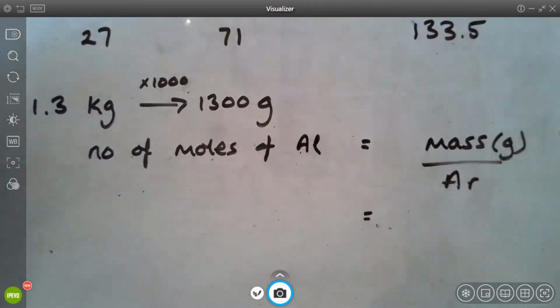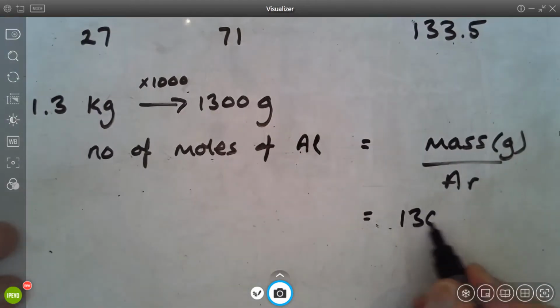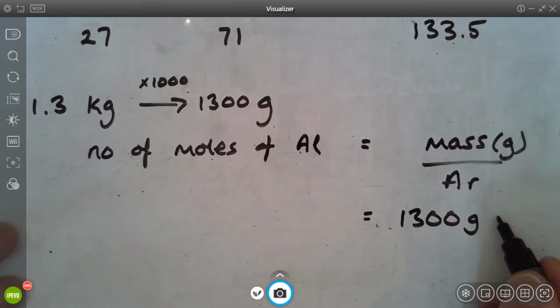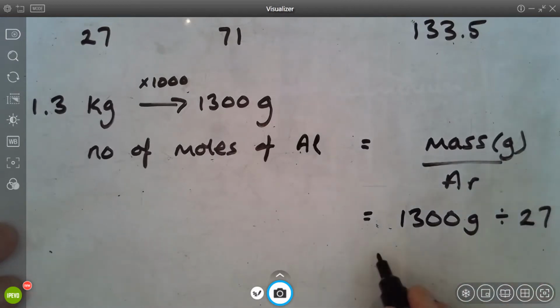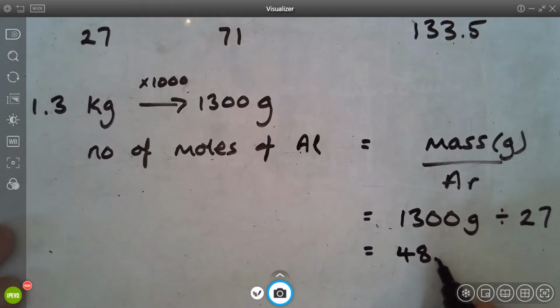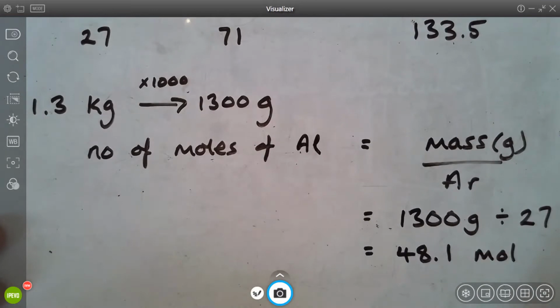We therefore have 1,300 grams, and we're going to divide that by 27. If you have a calculator, punch that in and let's see how far we get. Okay, we have a result, and I'm going to round up, of 48.1 moles of aluminium. That's how much is contained in 1.3 kilograms, in 1,300 grams.